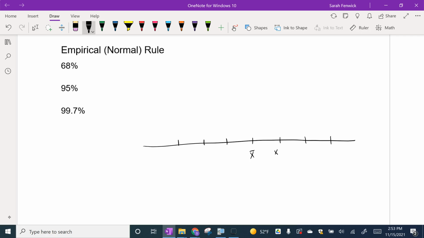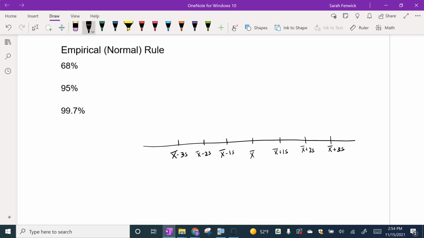So this would be x bar plus 1 standard deviation, x bar plus 2 standard deviations, x bar plus 3 standard deviations. And on the other side you subtract 1 standard deviation, subtract 2 standard deviations, and subtract 3 standard deviations.